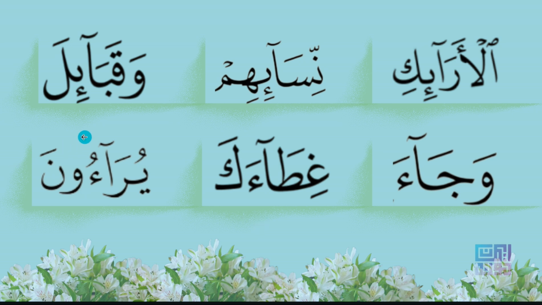Now, why is it called joined mad? Joined mad because the reason of the mad, which is the hamza, and harf al-mad, the letter of mad, which in this case is the alif, are in the same word. They are joined together within the same word. So this is one word. All these are words, okay?